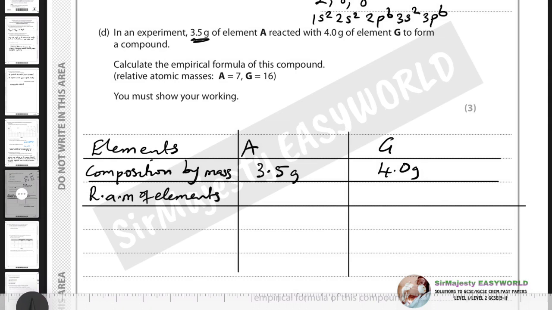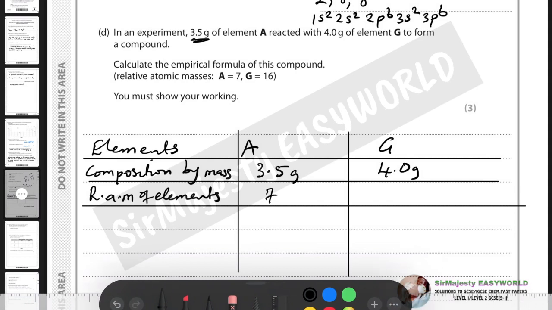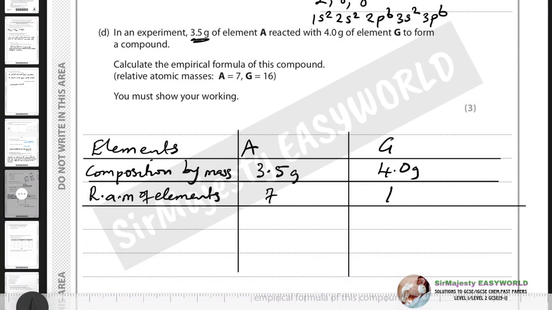Then the relative atomic mass that was given to us is that A is 7, and then here is 16.